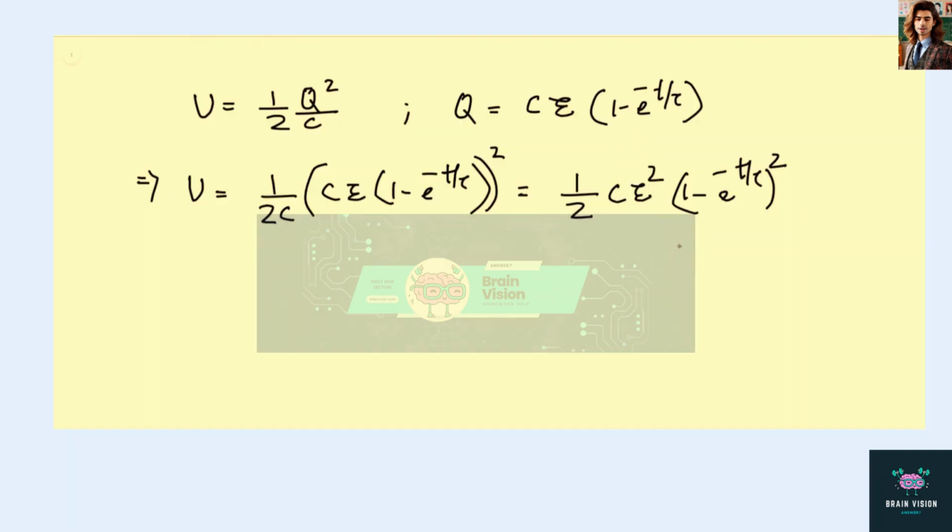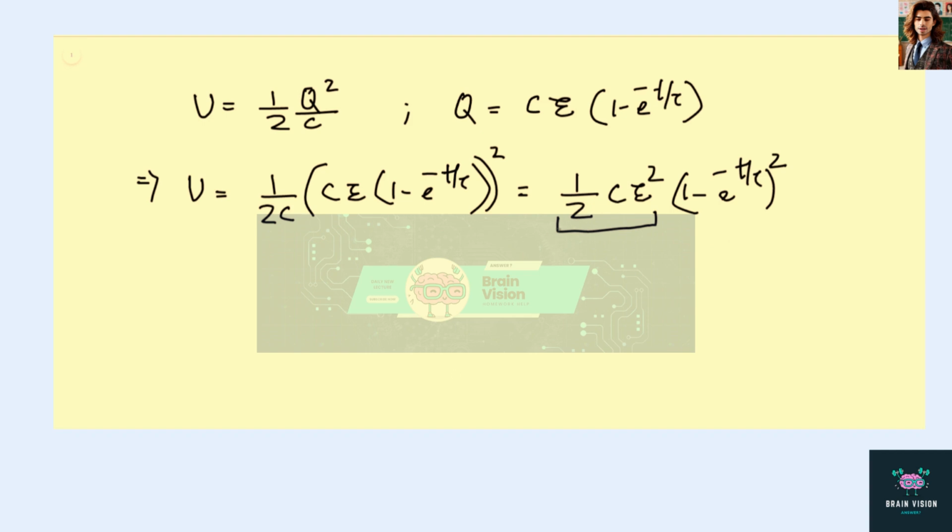And this part is the maximum potential energy. If you want to verify that, let's say this is U, and at t equals 0, this part just becomes 1, and at that point we get the maximum potential energy, and that comes out to be half C times the square of the EMF.